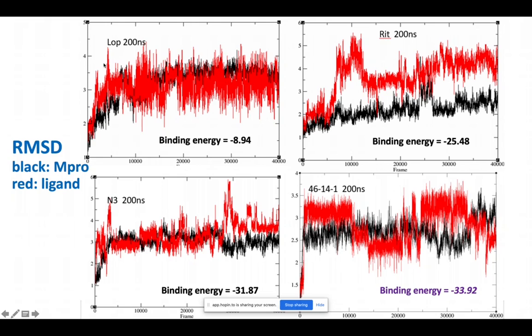And also, if you look at the RMSD, the so-called conformation fluctuation, ours changes in a relatively narrow range, even without a bond interaction. That means our binding is more robust.